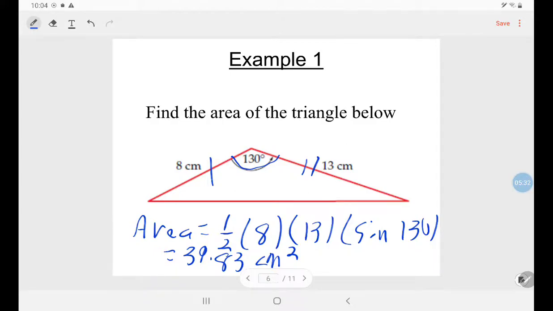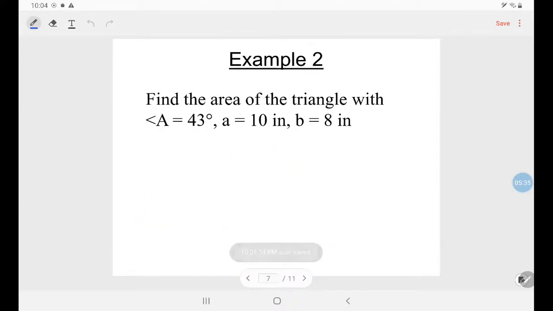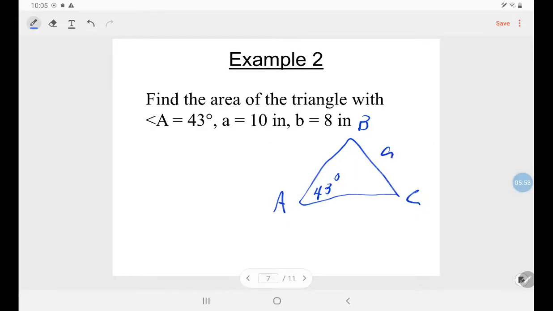Easy as that. Okay, so let's try this one. What happens here if I'm given a triangle like this? Say I've got a triangle, let me label it A, B, and C, where A is 43 degrees. Little a, the side across from it, is 10 inches. And little b is 8. Here, I'm given two sides, and the angle I'm given is not the one in between.